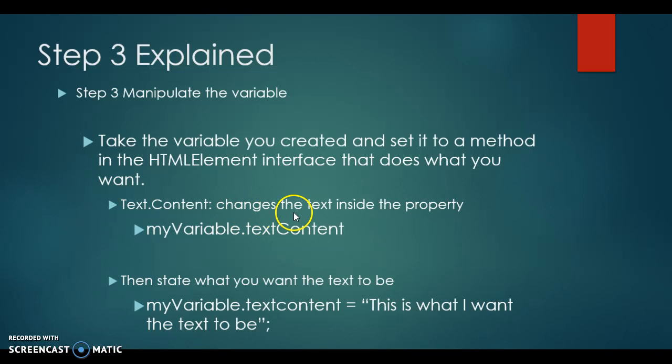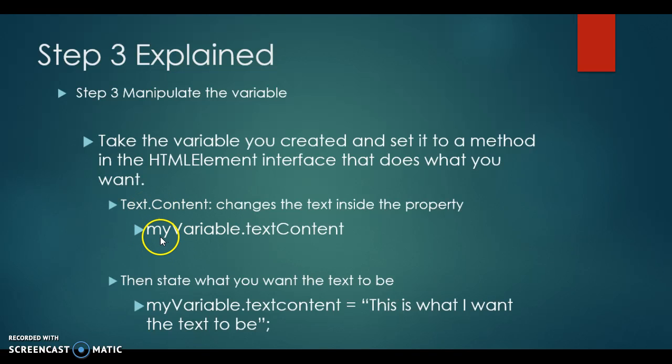What this does is it changes the text inside a property. Now you can think of different ways that you would want to manipulate an element, and you may not necessarily want to manipulate it by just changing the text inside that property. Maybe it's some other thing, and so you'd need to find a property or a method that does what you want it to do. So in this case, we're going to change the text of that element.